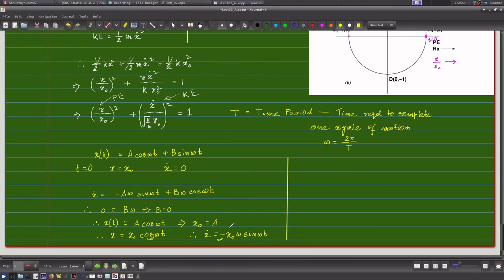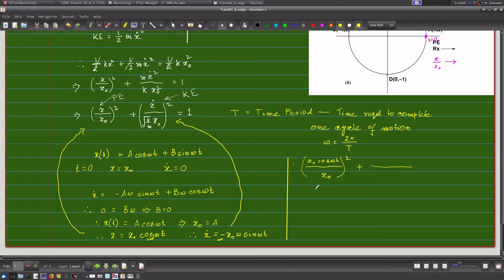Now if I put this value and this value in this equation, then what I'll get? In place of x, I will write x naught cos omega t by x naught, whole square, plus x dot.